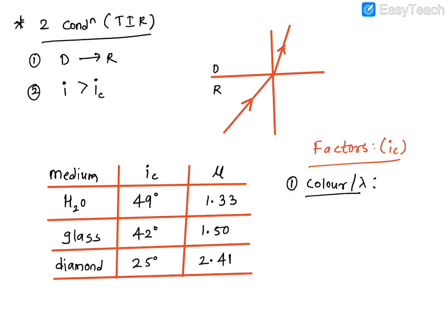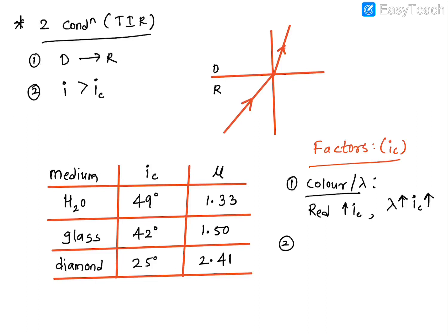Red color will have a greater critical angle. So if your wavelength increases, then the critical angle will also increase, directly proportional.